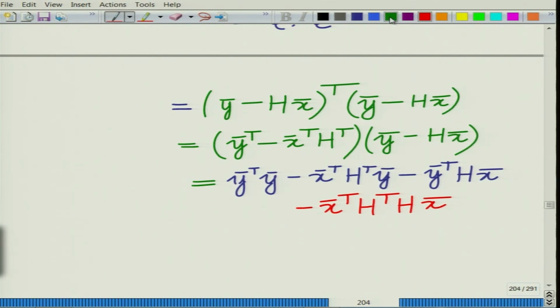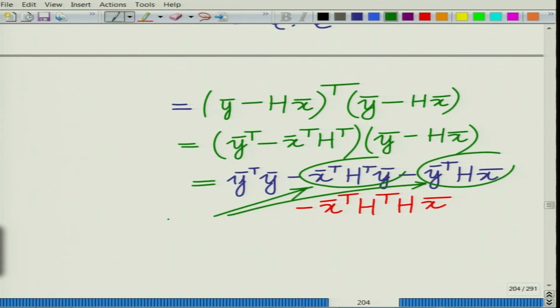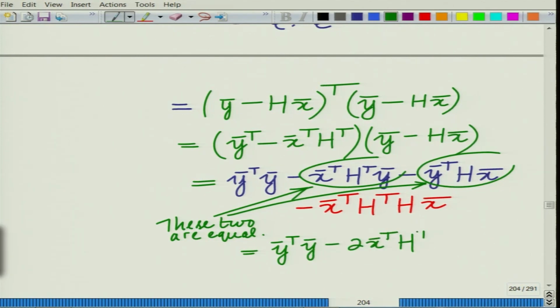Now, if you look at this, note that these two quantities are the transpose of each other, so they are equal. So you can write this as y bar transpose y bar minus twice x bar transpose h transpose y bar, plus x bar transpose h transpose h x bar.